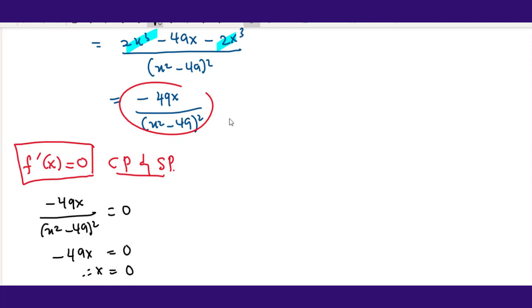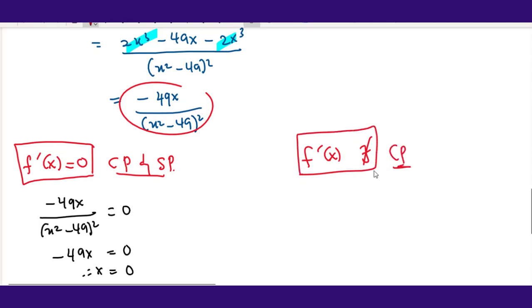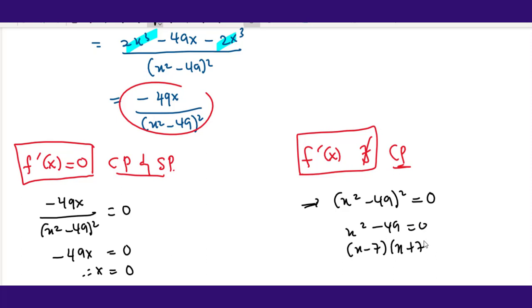For f prime of x does not exist or is undefined, this is only a critical point. This happens when the denominator x squared minus 49 is equal to 0, so x minus 7 times x plus 7 is equal to 0, and x is equal to negative 7 or x is equal to 7.